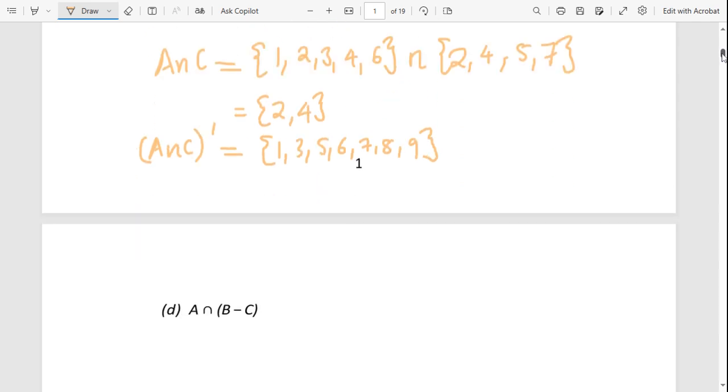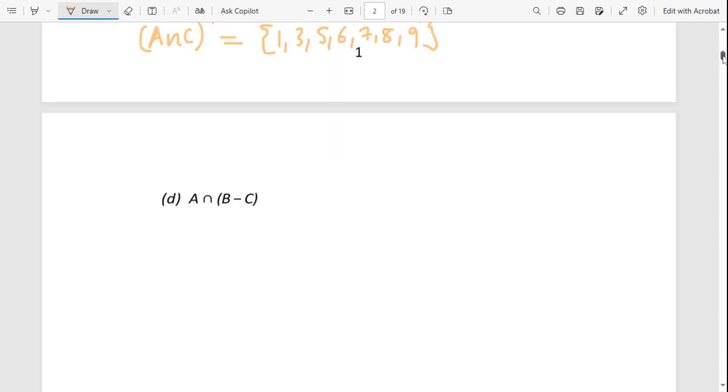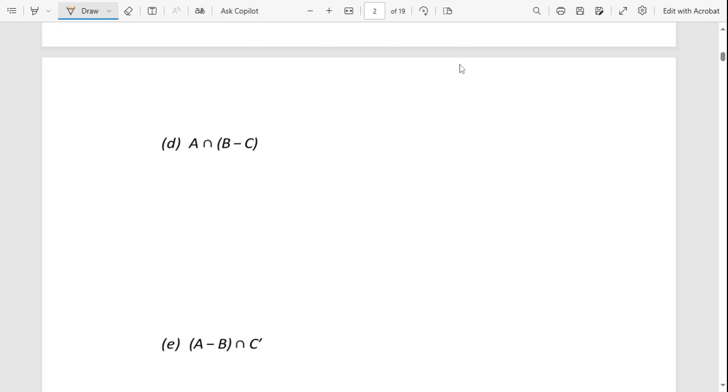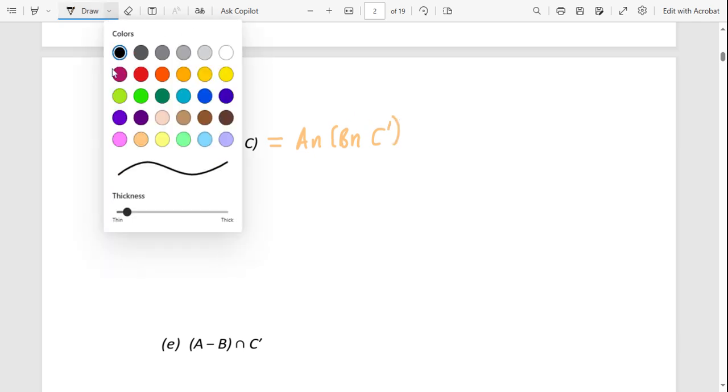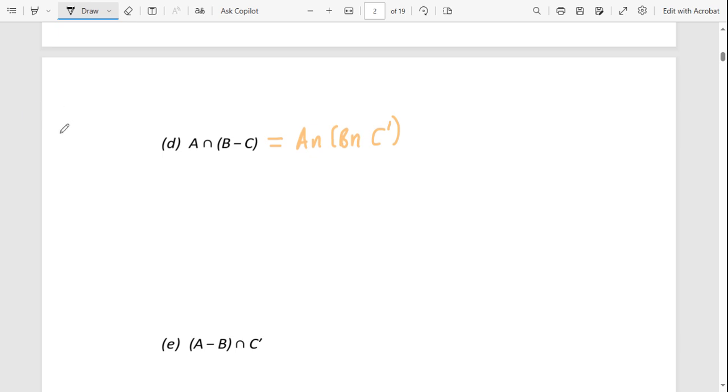All right, great. And then we have got A intersection B minus C. Again, this means A intersection B intersection C complement. The first thing that I'm going to do is to find B intersection C complement.